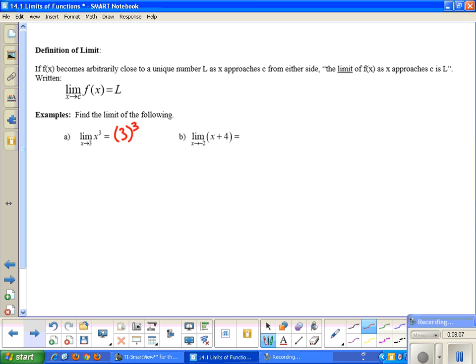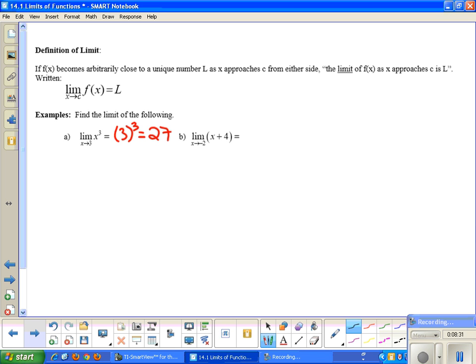When I do this, I don't have to worry about looking at my graphing calculator because all I have to do is plug this in and I get 27. Now let's look at the next one, x plus 4. It's just a line, and I know my domain's all real numbers. I want to find the limit as x approaches -2 of x plus 4.